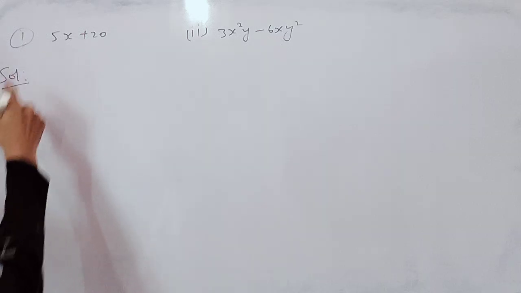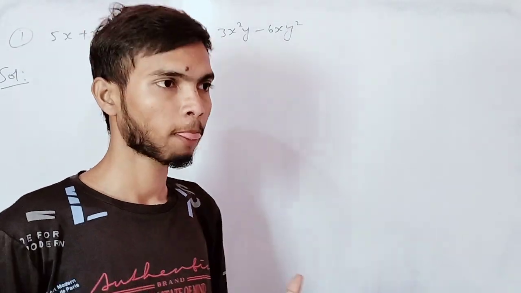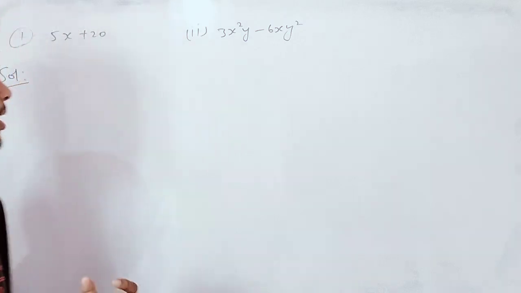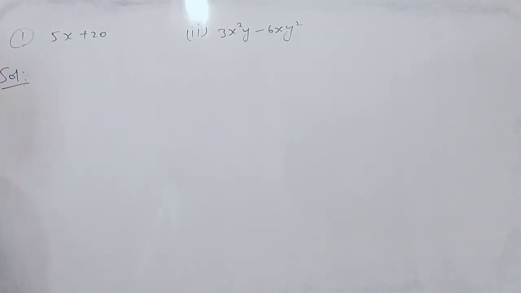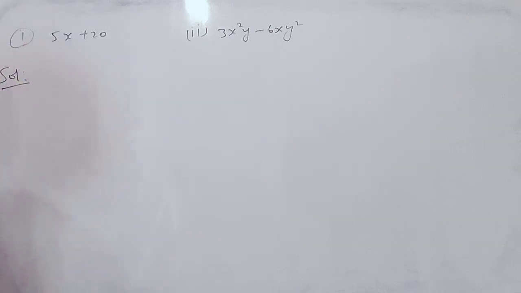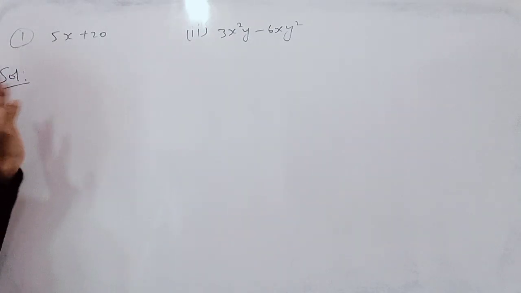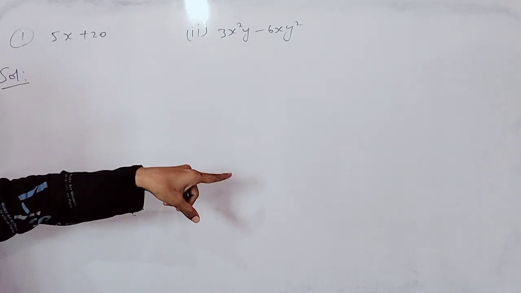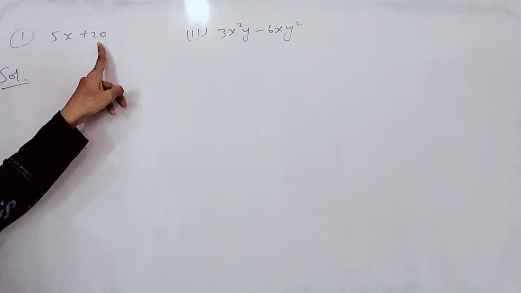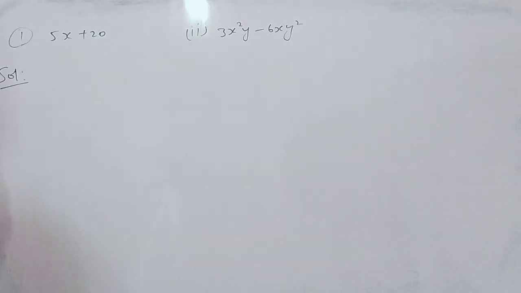Let's start from this. 5x plus 20. Now here we can take 5, isn't it? Because 5 ones are 5, and here 5 fours are 20. So this is a product of 5 into 4.